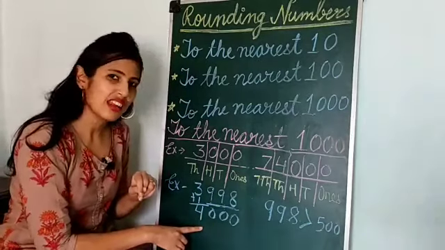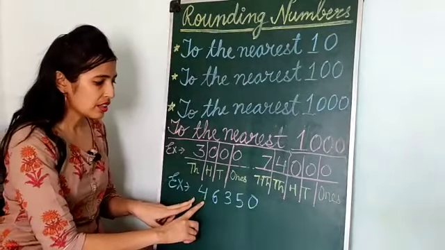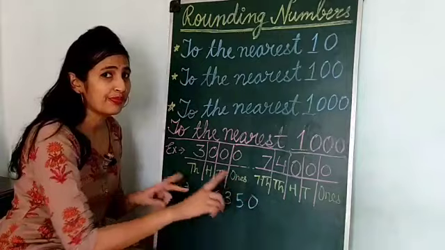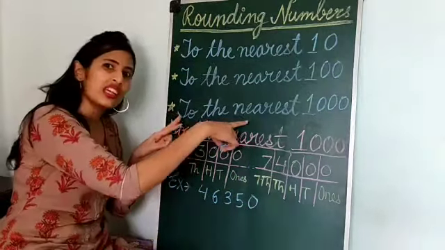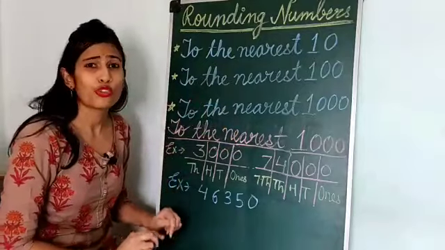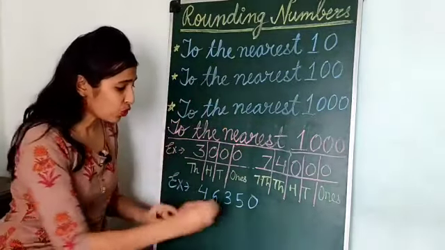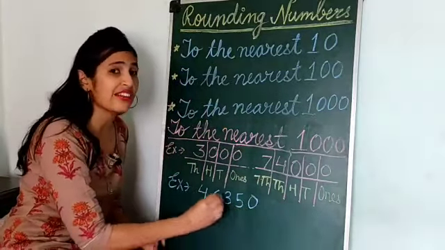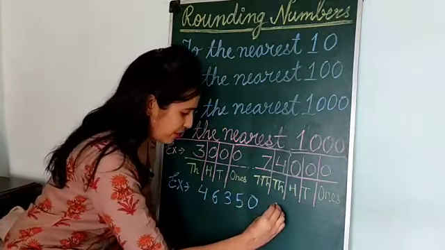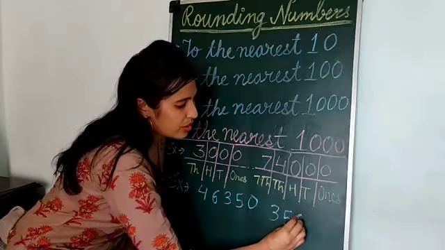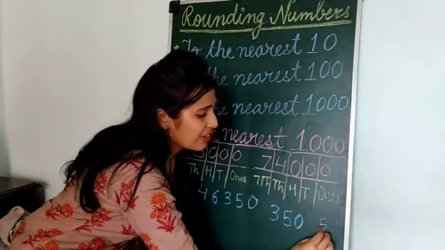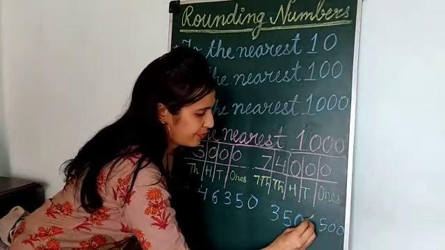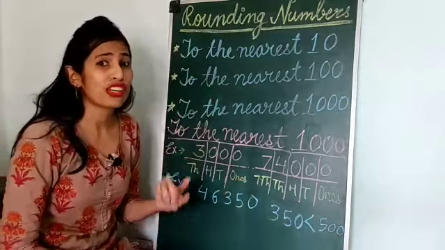Let's take another example. Here the 5-digit number. I have to round off this number to the nearest 1000. So what we need to do? I have to compare ones, tens and hundred place number to the 500. So 350 is smaller than 500. So what can I do?